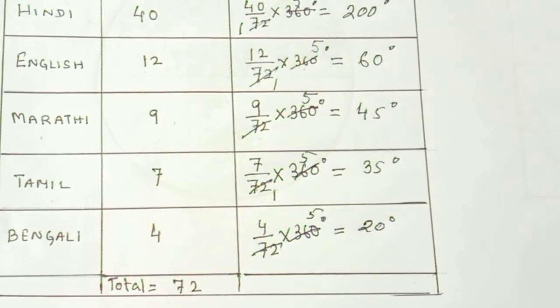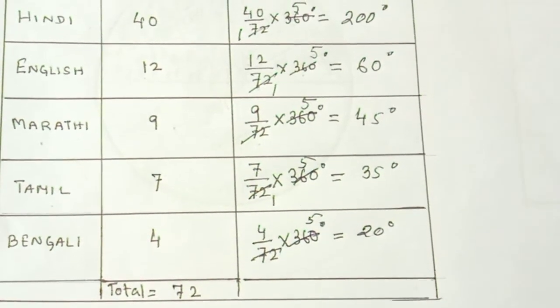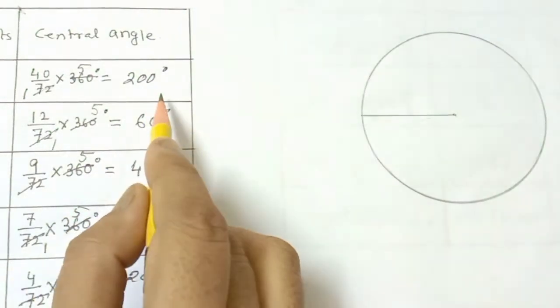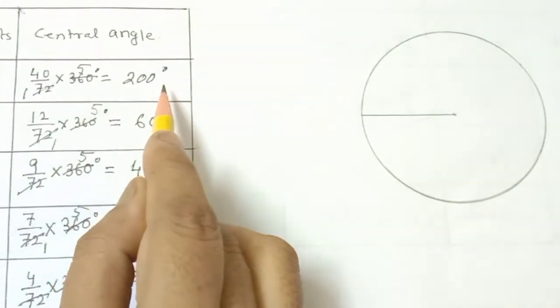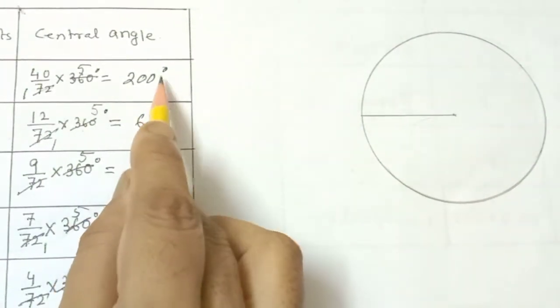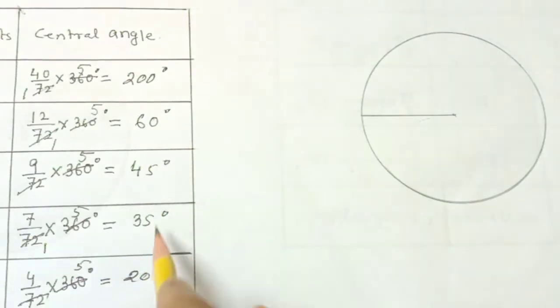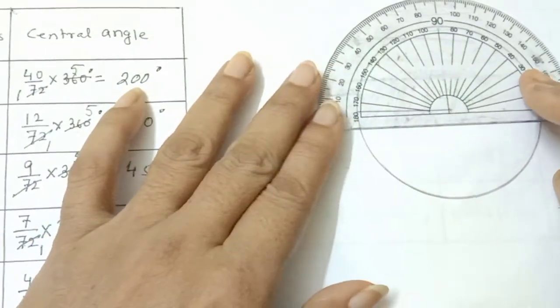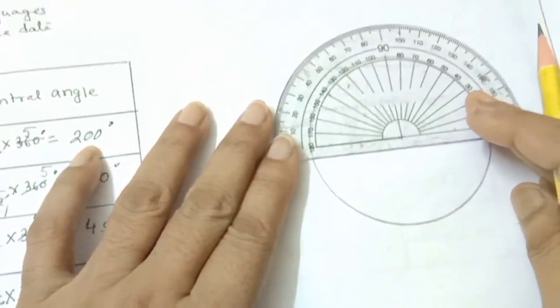Okay. Now you have to draw the pie chart by using these central angles. To draw a pie chart, you have to draw a circle first with any radius and draw the radius. Now we will not do 200 degree because it is more than 180 degree. I will do it afterwards. Now I will draw all the acute angles first. Now 60 degree. Draw this radius and take this radius as base and the center as the vertex of the angle.